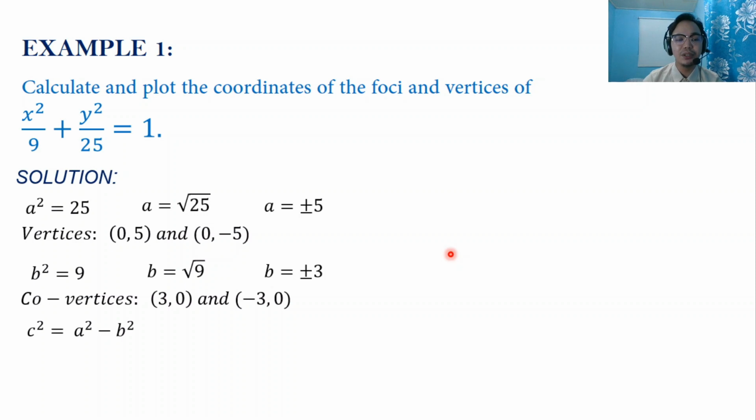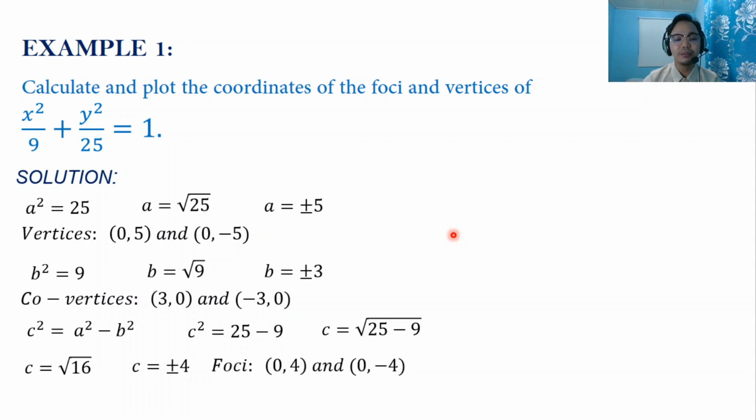So just substitute the values of a and b. So we have c squared equals 25 minus 9. Then we have c equals square root of the quantity 25 minus 9. C is equal to square root of 16 and c is equal to positive negative 4. The coordinates of our foci are 0, 4 and 0, negative 4.